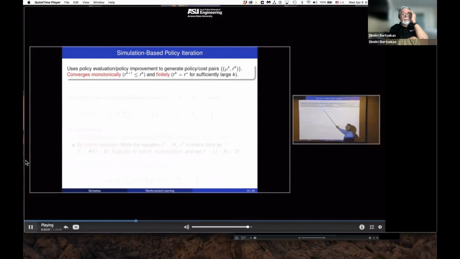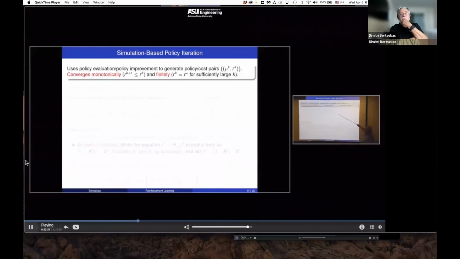It's all monotonic, and in a finite number of iterations, Rk is equal to R star. Essentially, what you're doing here is exact policy iteration for the aggregate problem. There are no approximations involved here, and there are no oscillations, exploration issues, all this other stuff that can go wrong. Here, everything is guaranteed theoretically to work well.